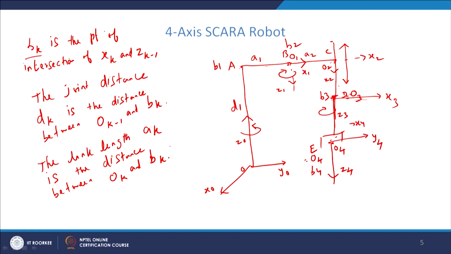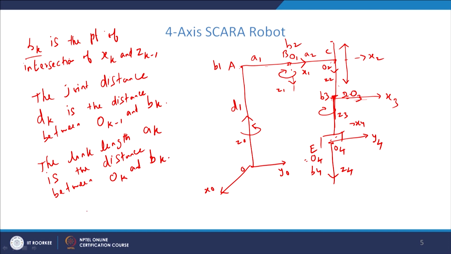Now, the twist angle is the angle between the two z directions. So, Z0 is pointing upwards, Z1 is pointing downwards. So, the angle between these two is 180 degrees.